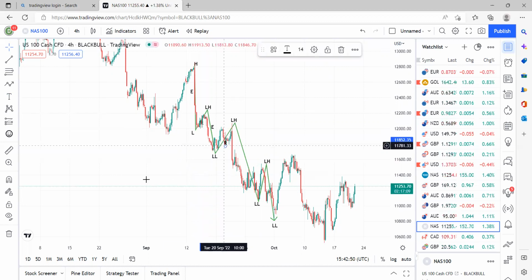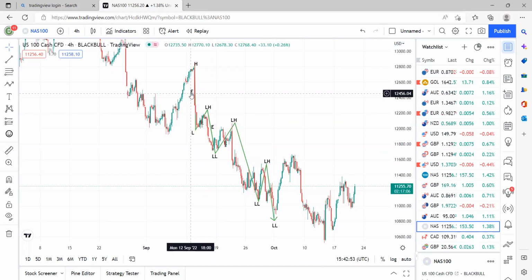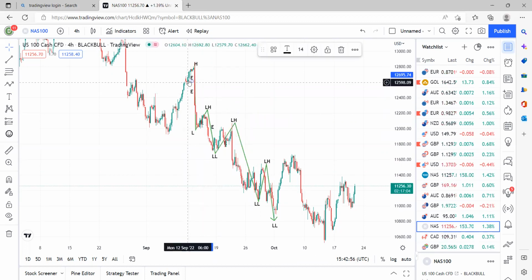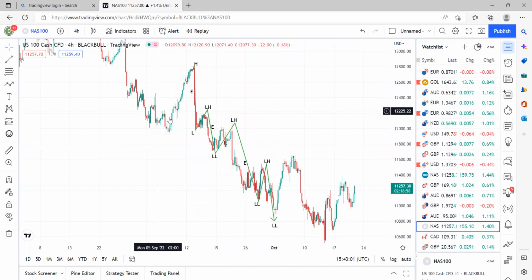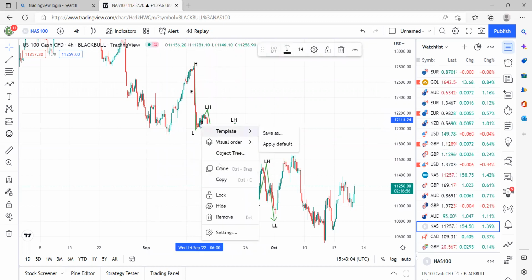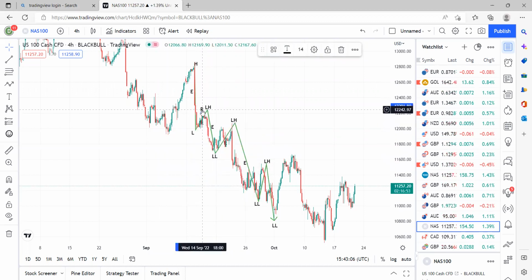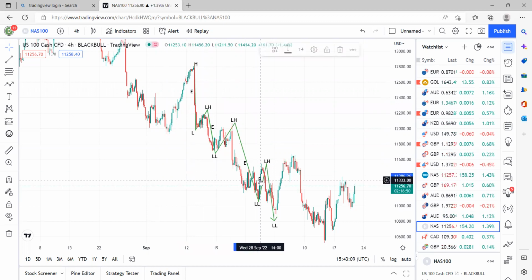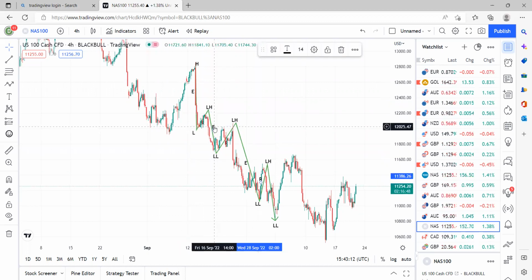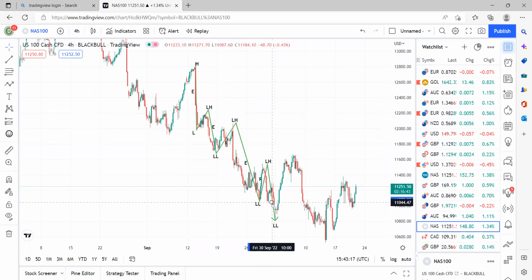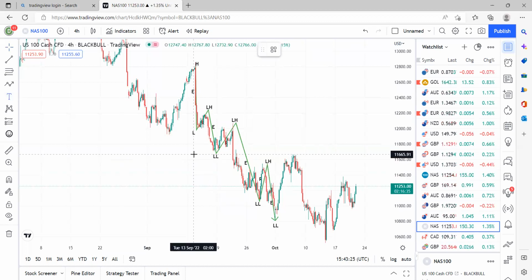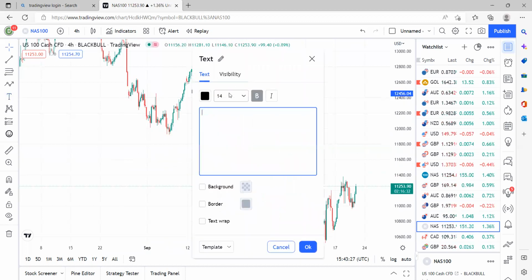Correction. Impulse again. Correction. Impulse again. And then this is what we said, it's our downtrend or bearish.